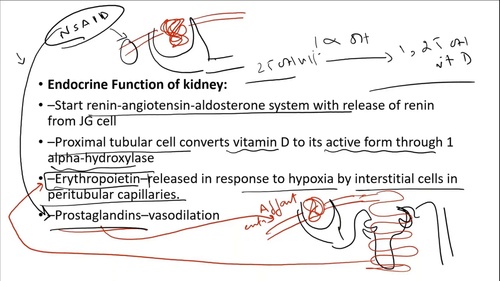If prostaglandin is not there anymore because of NSAID use, then afferent arteriole will be constricted. Because NSAID inhibits prostaglandin, and function of the prostaglandin is to vasodilate afferent arteriole. What can constrict efferent arteriole? We already discussed angiotensin 2 can constrict efferent arteriole.